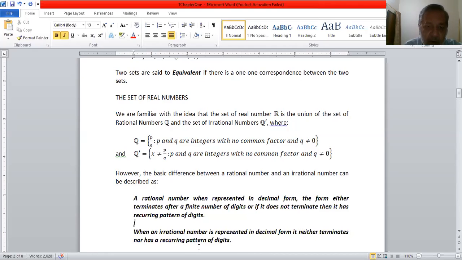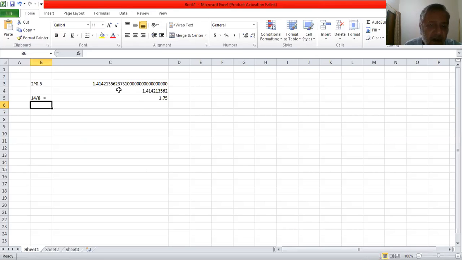I wanted to show you this on the Excel sheet, but I did not find the Excel property where I can increase the decimal representation to 30 digits. So yeah, 16 digits is the limit. If I write down root 2, it will have no recurring pattern, but just 16 decimal places are not sufficient to state that there is no recurring decimal.